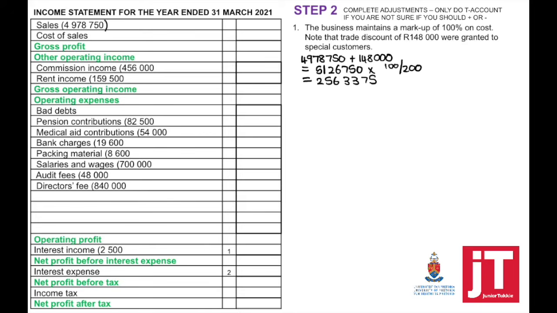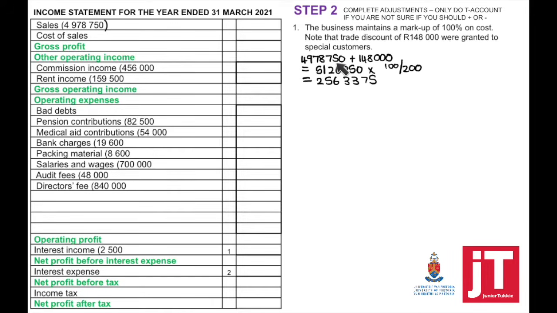The first adjustment, the business maintains a markup of 100% on cost. Note, trade discount of 148,000 were granted to special customers. So this means we need to calculate our cost of sales. To calculate our cost of sales, we need to add the trade discount to the sales figure.